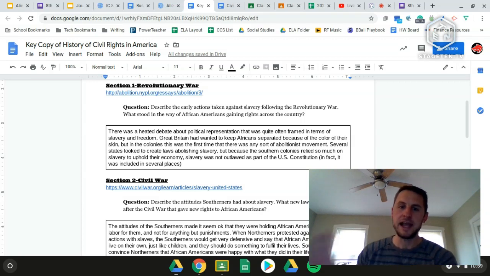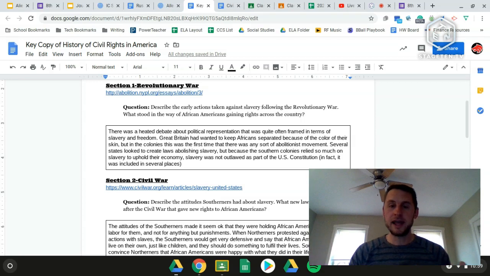But in essence, Great Britain had always wanted to keep Africans separated from whites due to the color of their skin, but once the colonies gained independence, there were some abolitionist movements, meaning wanting to end slavery, that were already coming about.